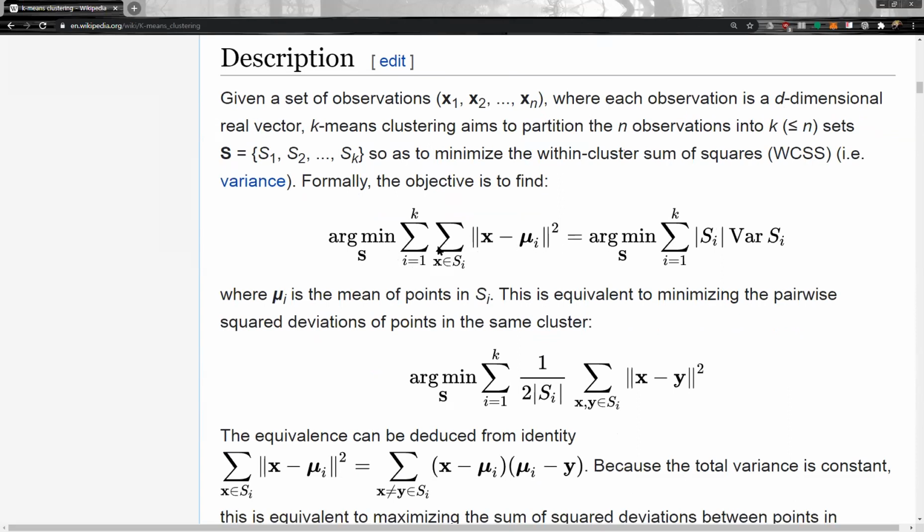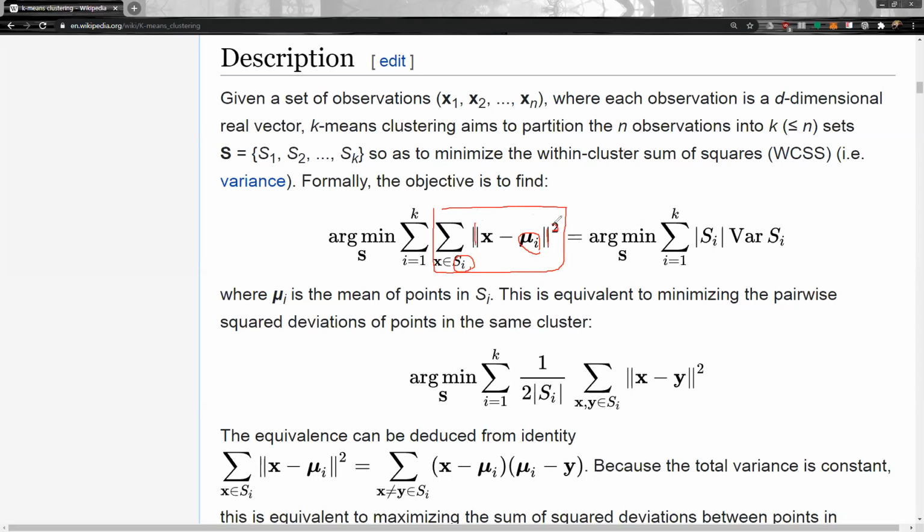Here, very interesting. So let's look at this part. When x is in Si, then x minus mu i, where mu i is the center of Si, is basically the squared distance of x from the center of Si.